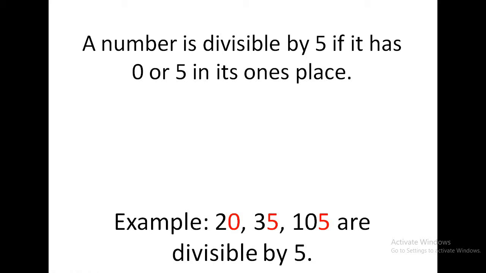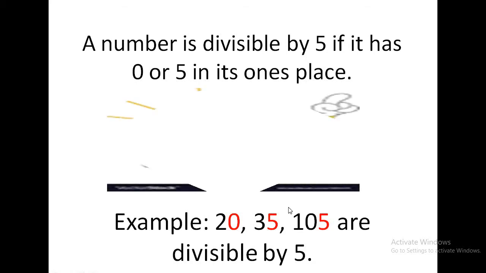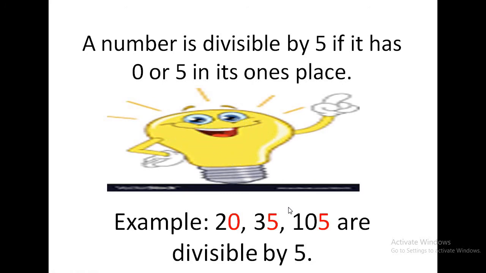In the number 105, there is again 5 in the ones place. Hence, all these numbers 20, 35 and 105 are divisible by 5.